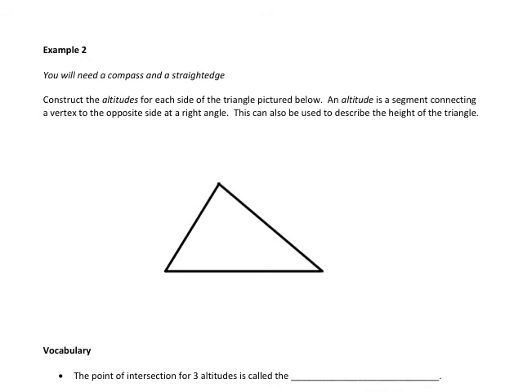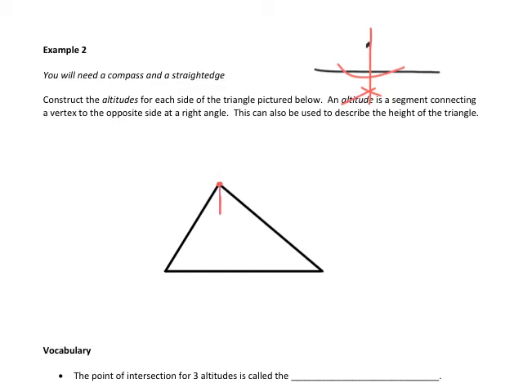We did this last unit where we wanted a line perpendicular passing through a point, and if you remember, we would construct an arc, and then construct arcs on the other side, and that would give perpendicular lines. So here the point would be at the vertex, and I want to construct a line perpendicular to the opposite side, passing through that point. You would use your compass and a straightedge to do that.